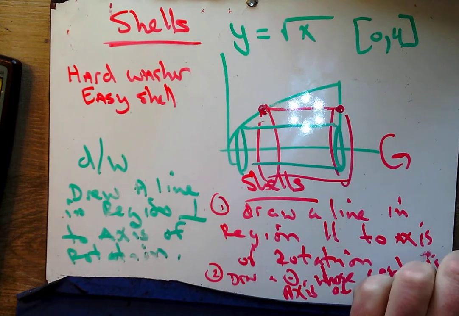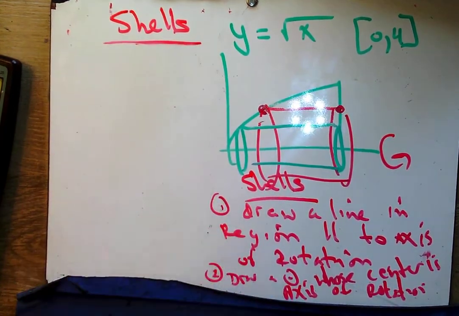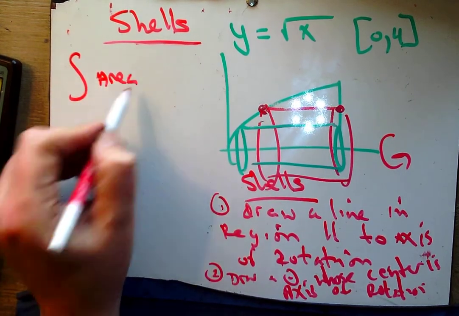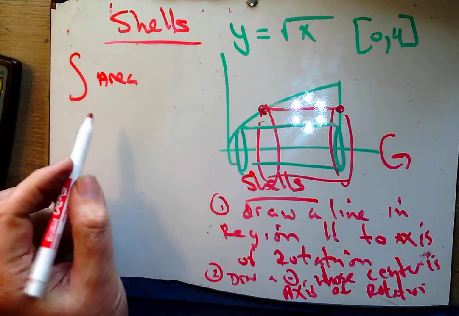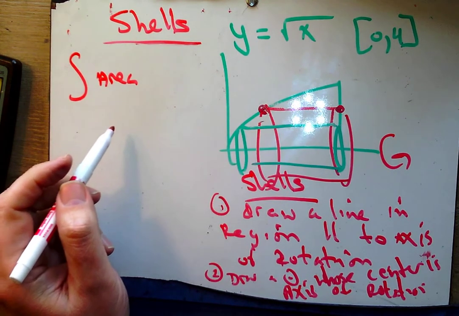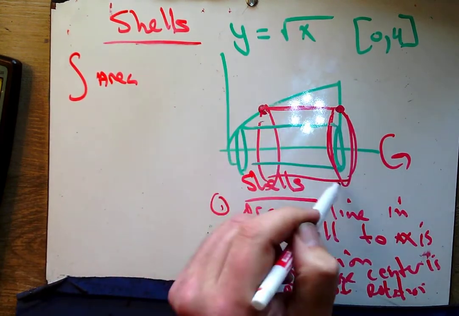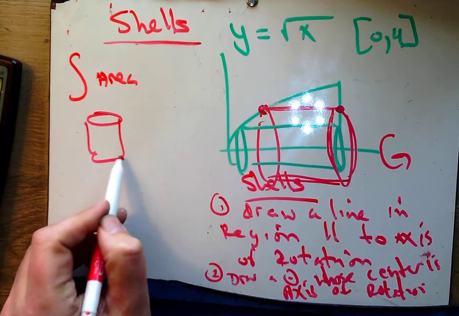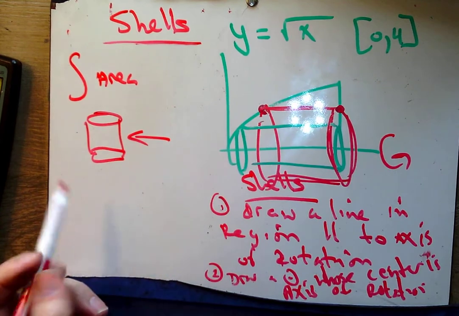Okay. Well, how do we find volumes with shells? Remember, all these problems start off with us integrating area. So what's the area? Well, you've got a cylinder, but really the only thing you're concerned about is this surface.